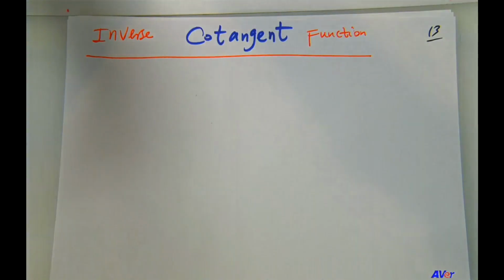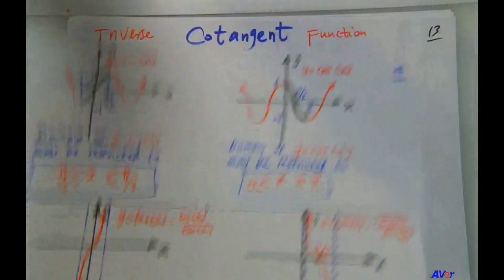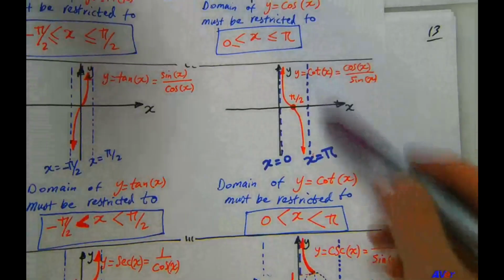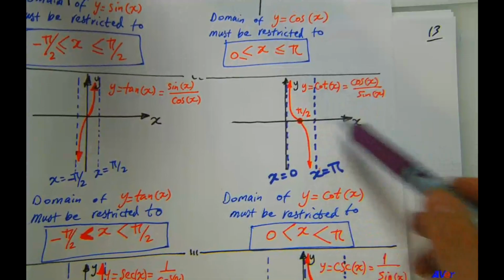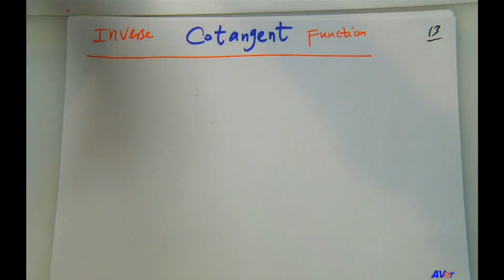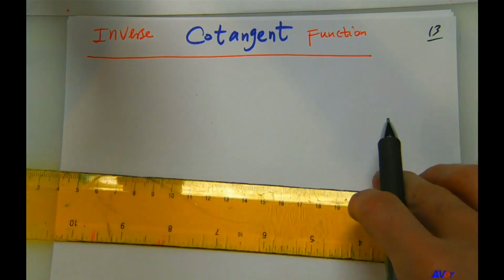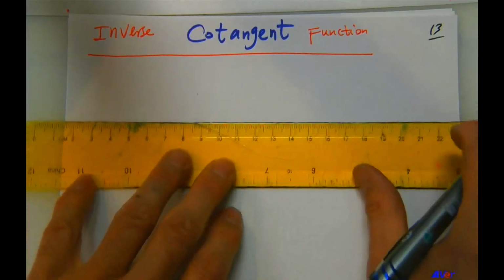Once again, I'm going to reproduce what we discussed earlier, which was the cotangent function. I'm going to reproduce the same exact drawing here, from page 4.